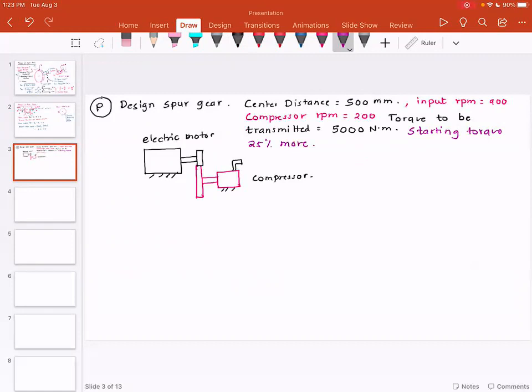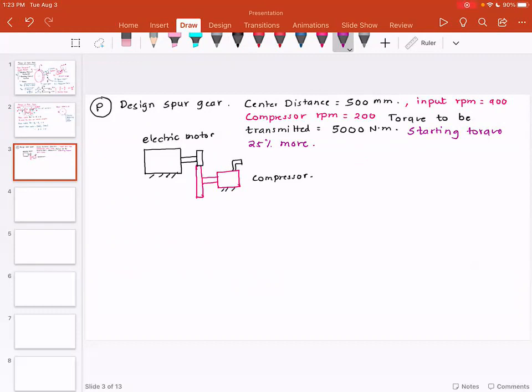Now, usually when you have a gear train and when you start it, the torque required is actually more. And the reason for that is initially everything is at rest. To get that gear train working, you need to overcome the inertia forces.